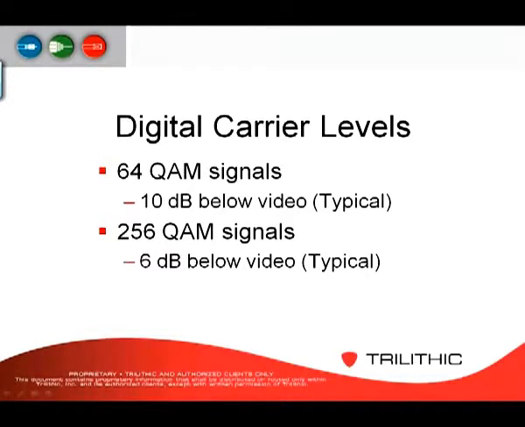Granted, the 256 QAM signal has a somewhat higher overall peak-to-average power ratio than 64 QAM, but it also needs a higher carrier-to-noise ratio to get the same BER as a 64 QAM signal, which is the reason you have to have the 256 running a little bit higher to get it out of the noise floor in order to make that carrier-to-noise.